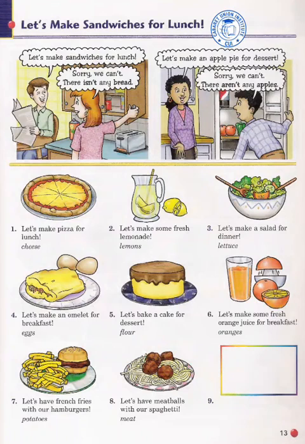Do exercises 3 through 8. You will hear the correct line after you speak. We'll begin. 3. Let's make a salad for dinner. Sorry, we can't. There isn't any lettuce. 4.